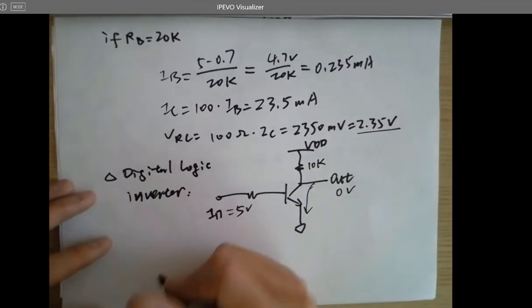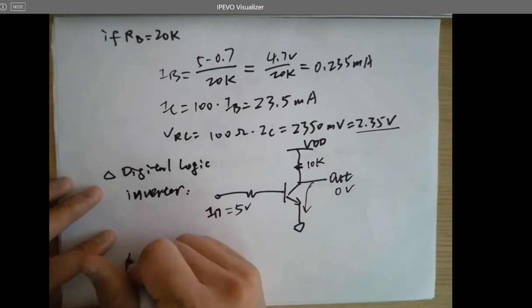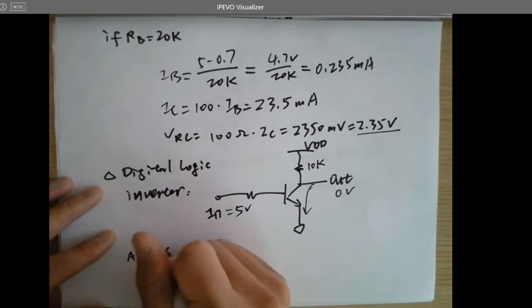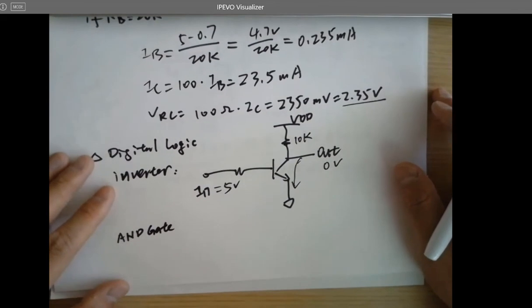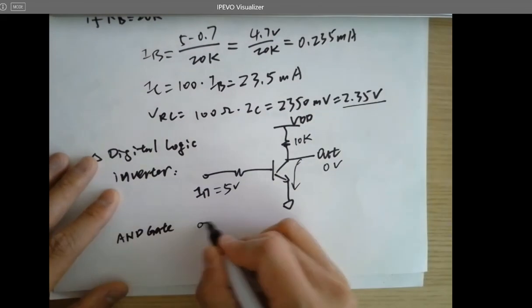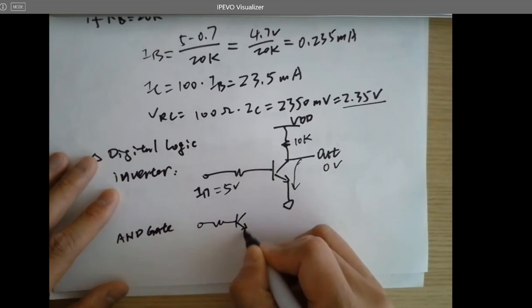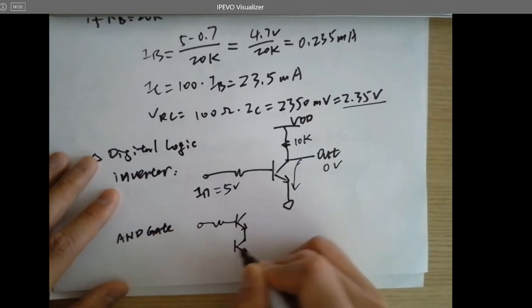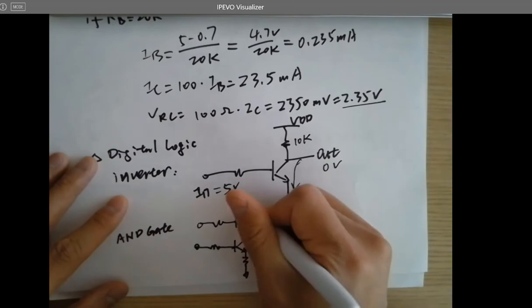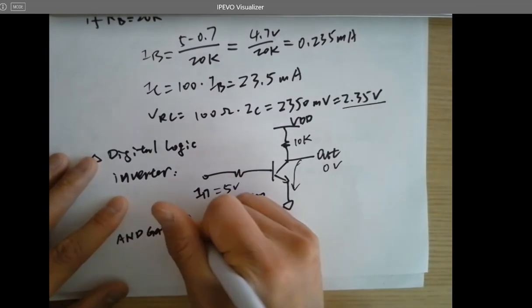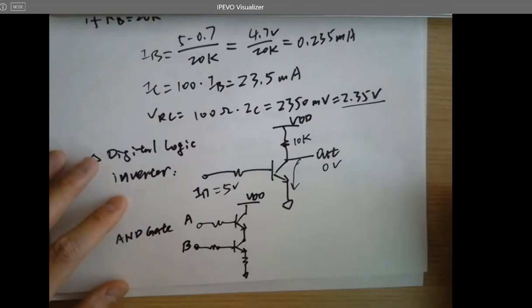Okay. So what about AND gate? Can I build an AND gate? How to build an AND gate? A, B, 2 inputs. Where is the output?